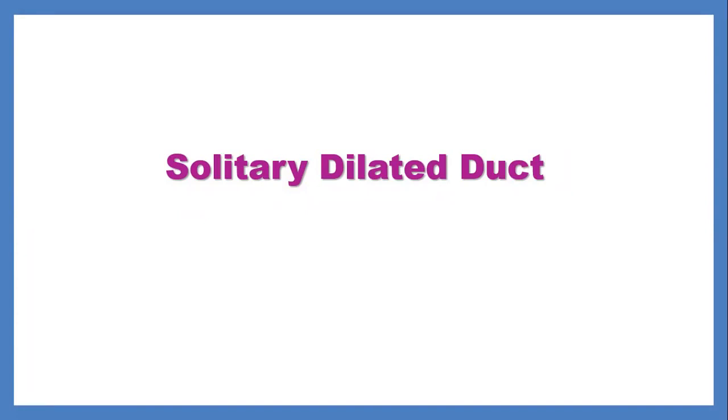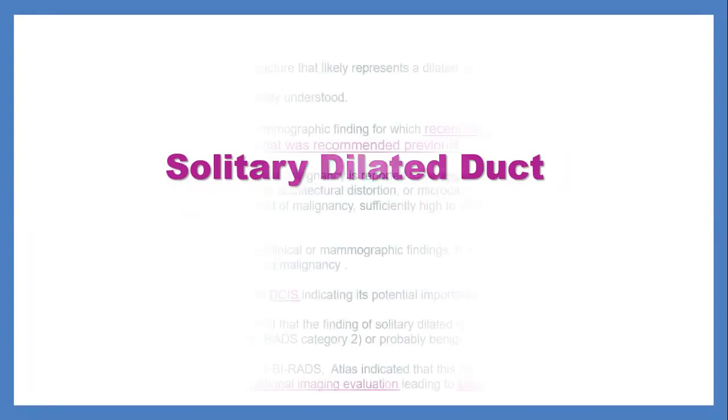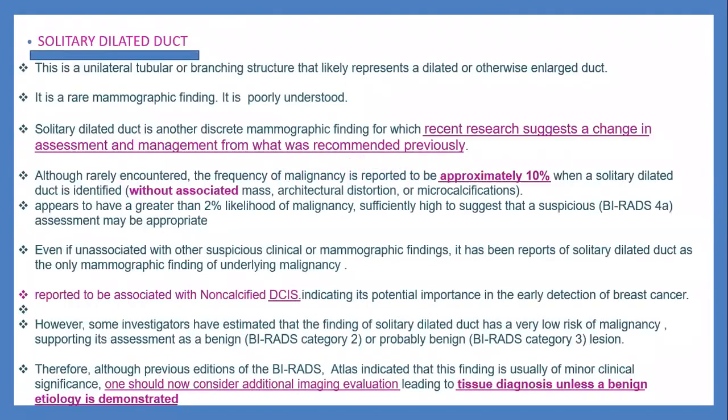They were not giving a lot of concern for the solitary duct, but now they are. Yes, solitary dilated duct, unilateral, as you described, is tubular or branching structures, likely representing a dilated or otherwise enlarged duct. It is rare and poorly understood.